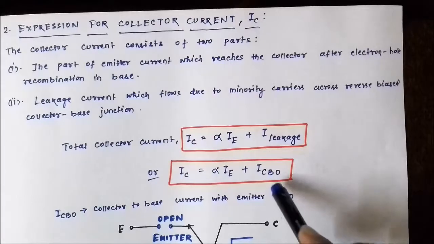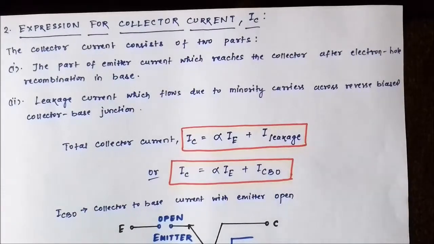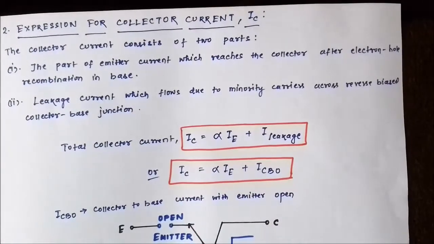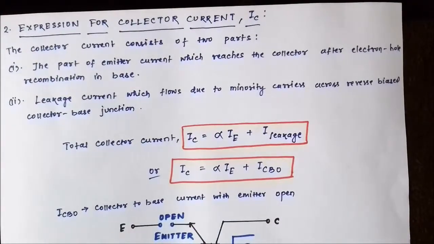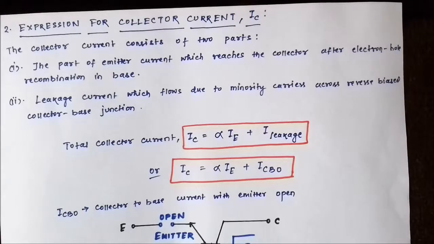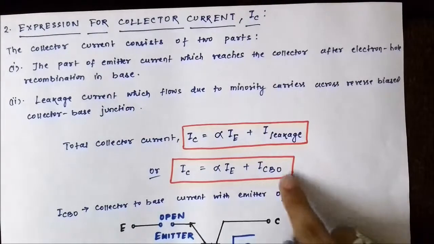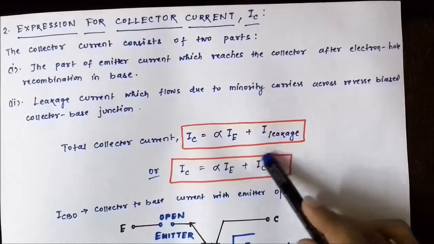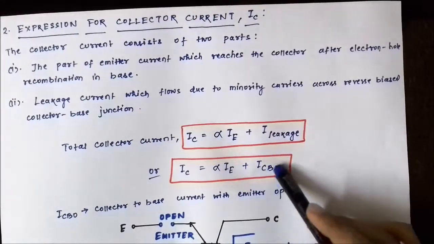It is because of the minority charge carriers. So the final expression of collector current is alpha IE plus I subscript CBO, which is the leakage current. This is of very negligible value, so it is ignored in most cases.